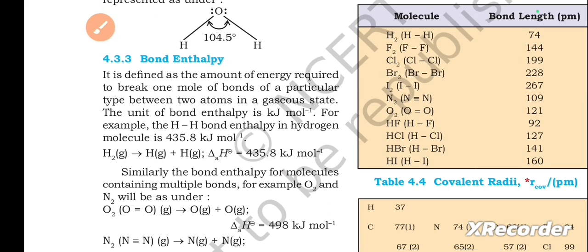Next is bond enthalpy. It is defined as the amount of energy required to break 1 mole of bonds of a particular type between two atoms in a gaseous state. The unit of bond enthalpy is kilojoules per mole. For example, the H-H bond enthalpy in the hydrogen molecule is 435.8 kilojoules per mole.